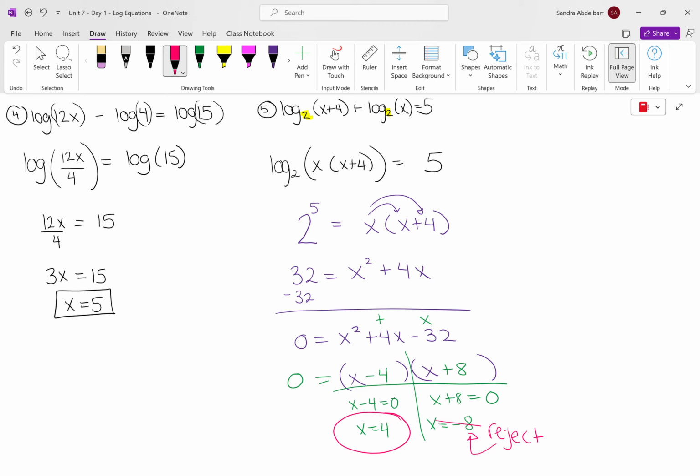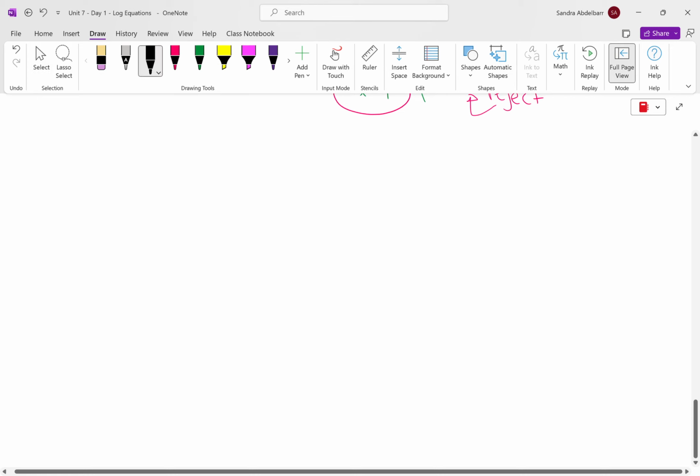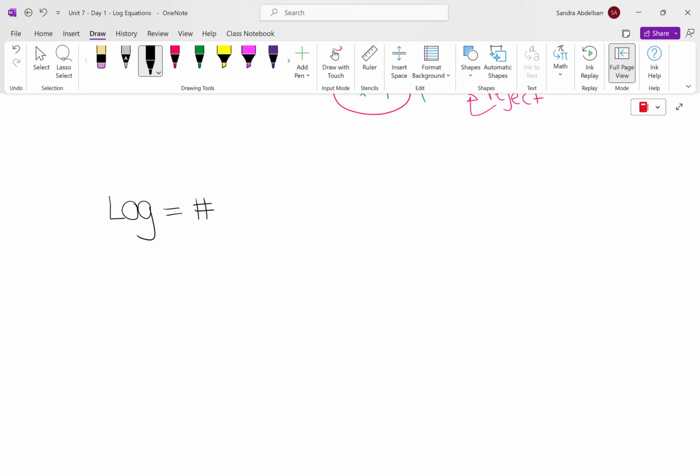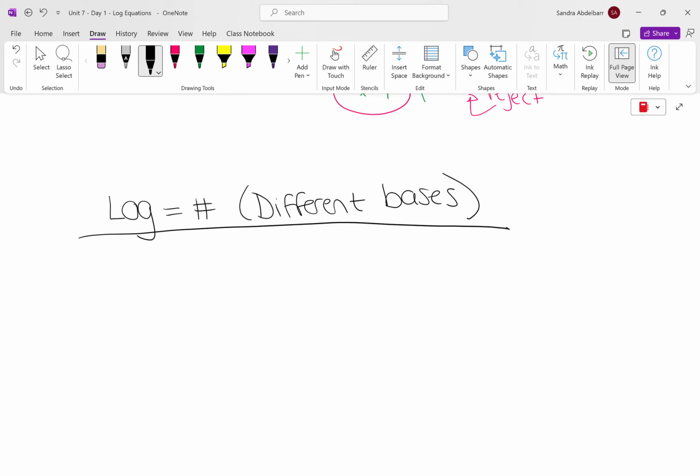All right, so there's one more thing I need to show you. So I kept saying, make sure they have the same base, make sure they have the same base, make sure they have the same base. What do we do if they don't have the same base? That's what I'm going to show you now. Log equals number, different bases.